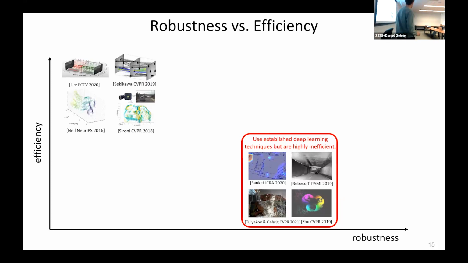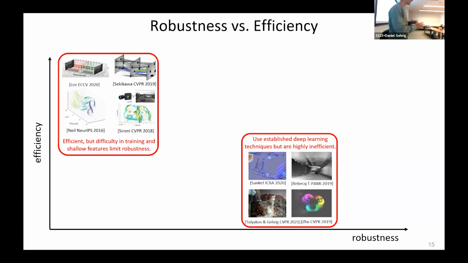For this reason, there's a parallel branch of research which tries to co-design the algorithm with the event data, and thereby tries to achieve higher efficiency. But because they mostly use either shallow machine learning methods or less mature learning techniques, they are usually limited in terms of robustness.